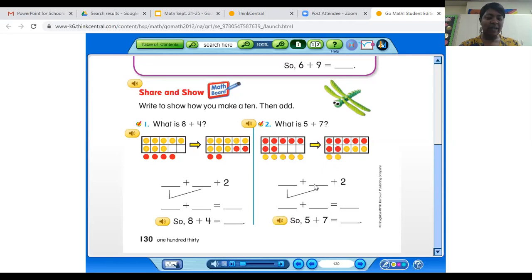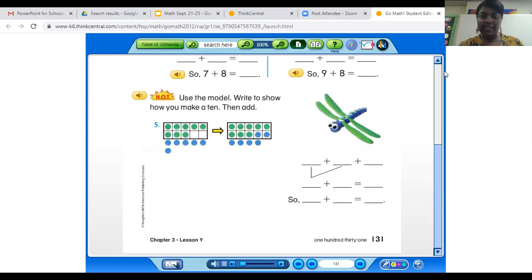So 7 plus 3 is 10 plus these two. So the sum or the answer is 10 plus 2 equals 12. So I know that 5 plus 7 or 7 plus 5, it is also equal to 12. All I did, I used my strategy to make a 10.